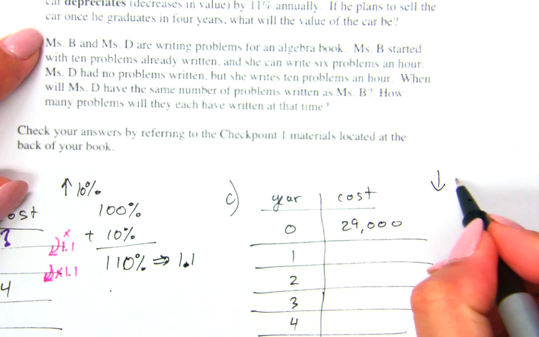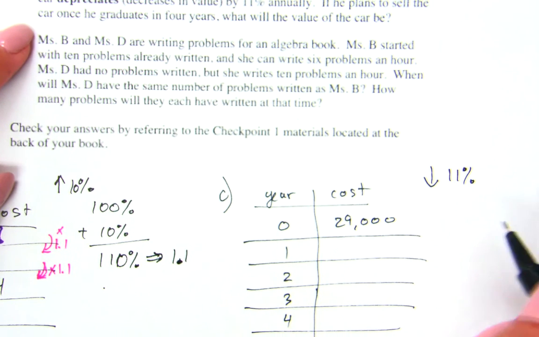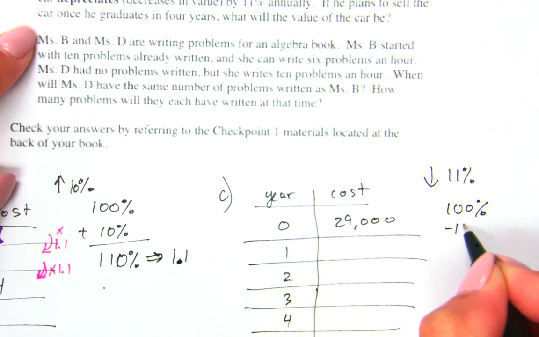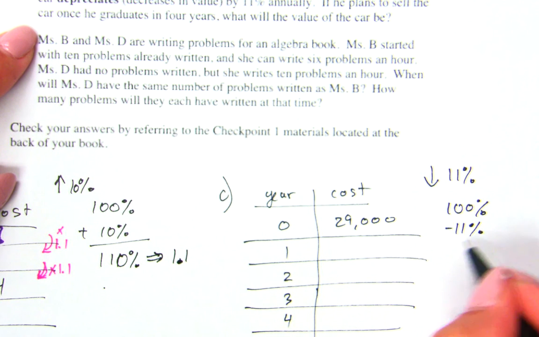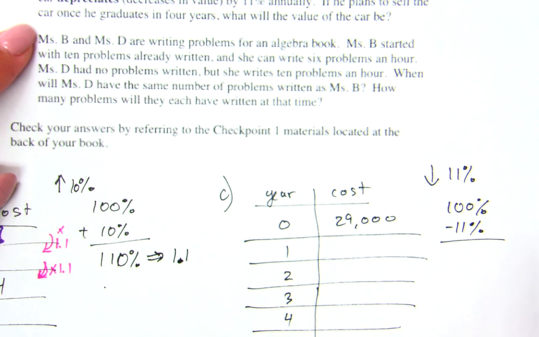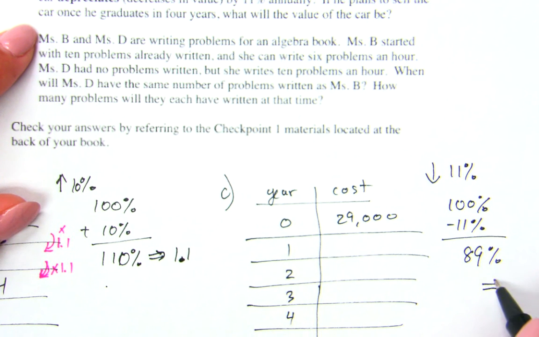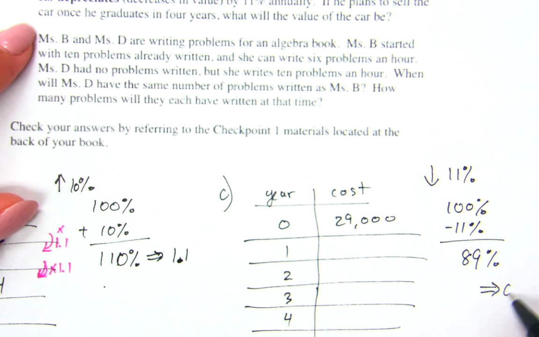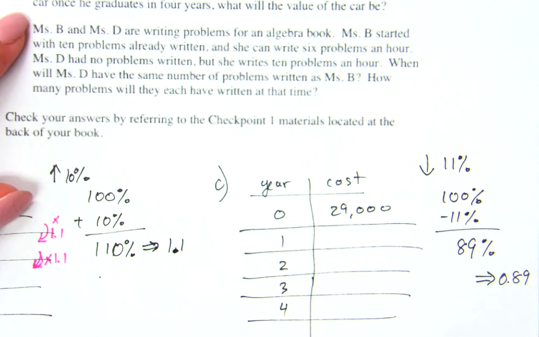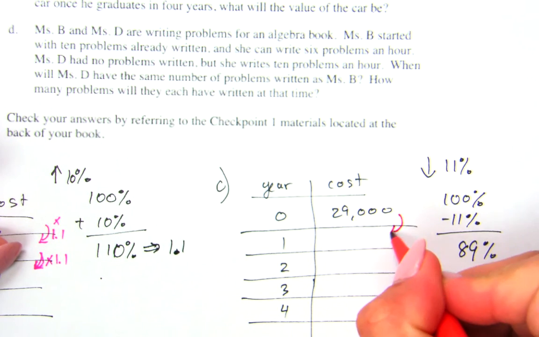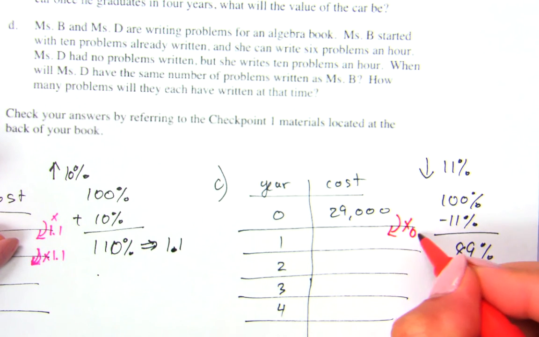We're decreasing by 11%, which means we're going to subtract it from 100 because we're decreasing price. So 100 minus 11 is going to give us 89%, or better known as 0.89. So every time we multiply, we're going to multiply by 0.89.